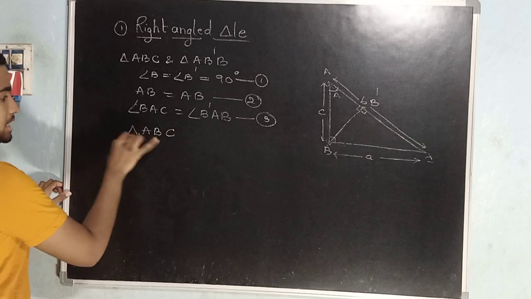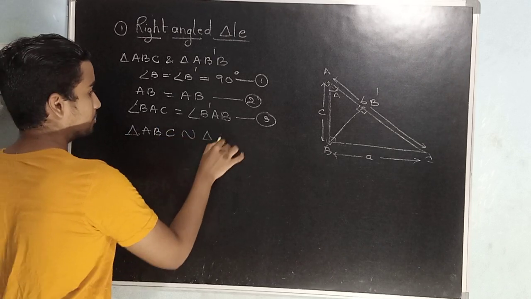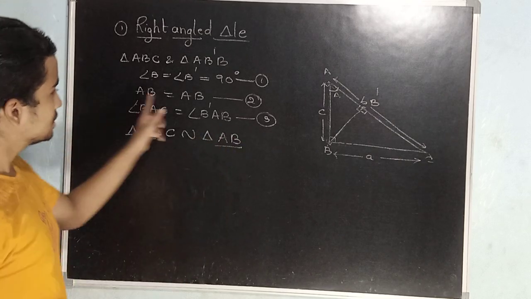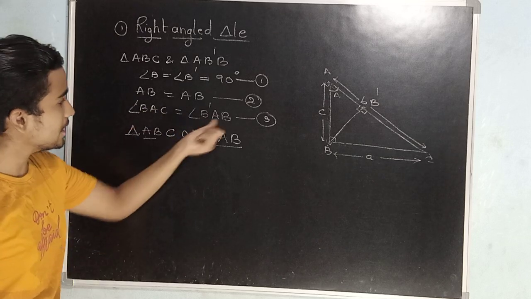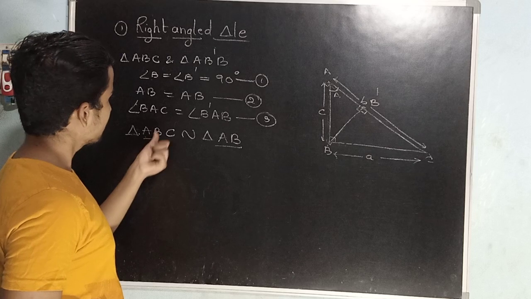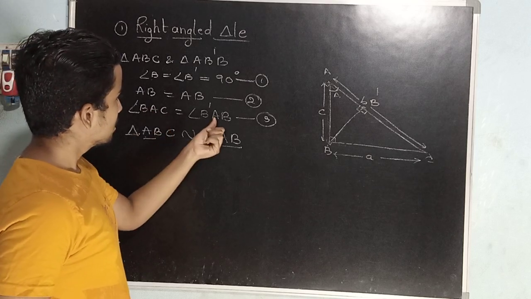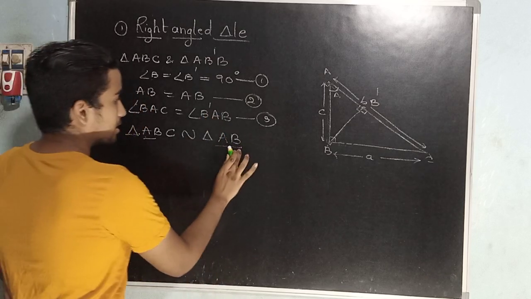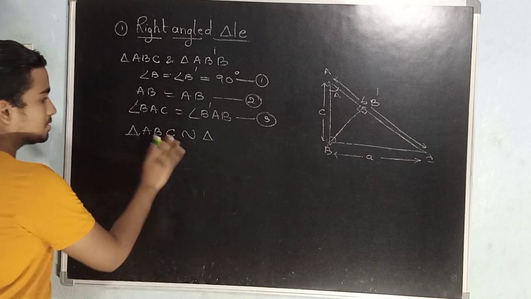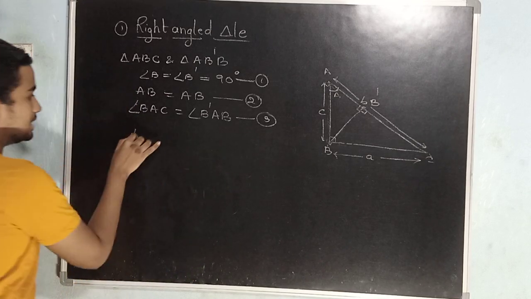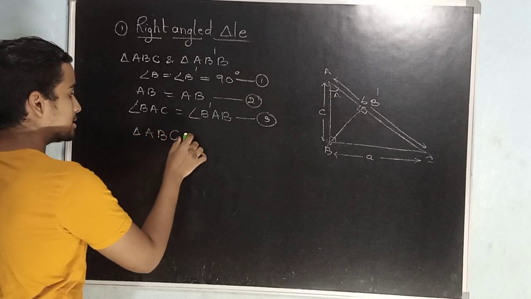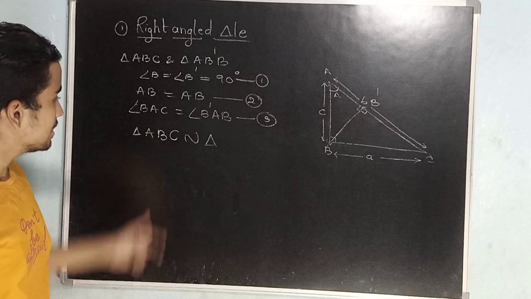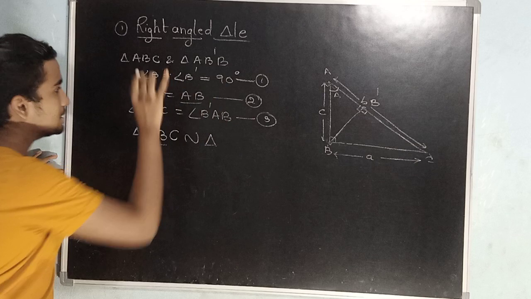triangle ABC is similar to triangle AB dash B. AB is common, and angle A is common.